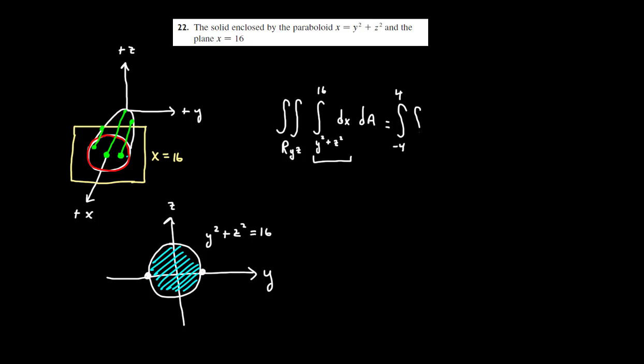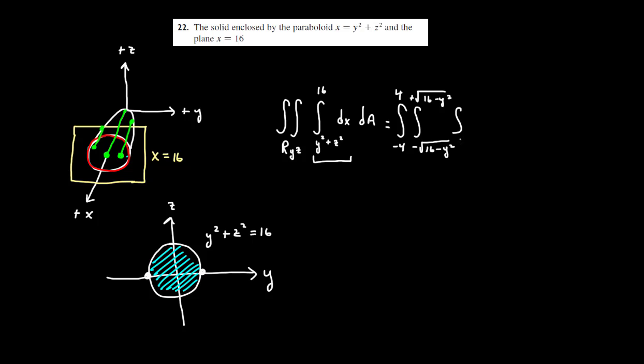And then the z is going to be a negative radical, so that's negative radical 16 minus y squared to the upper function, which is positive radical 16 minus y squared.